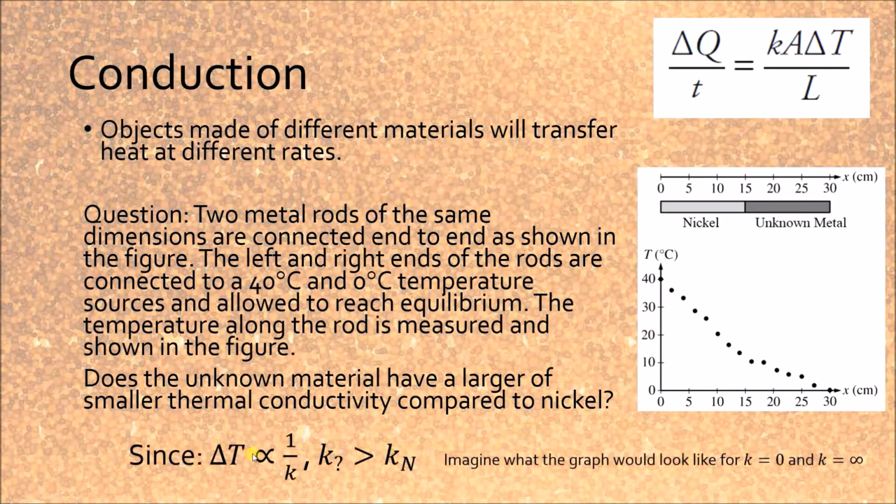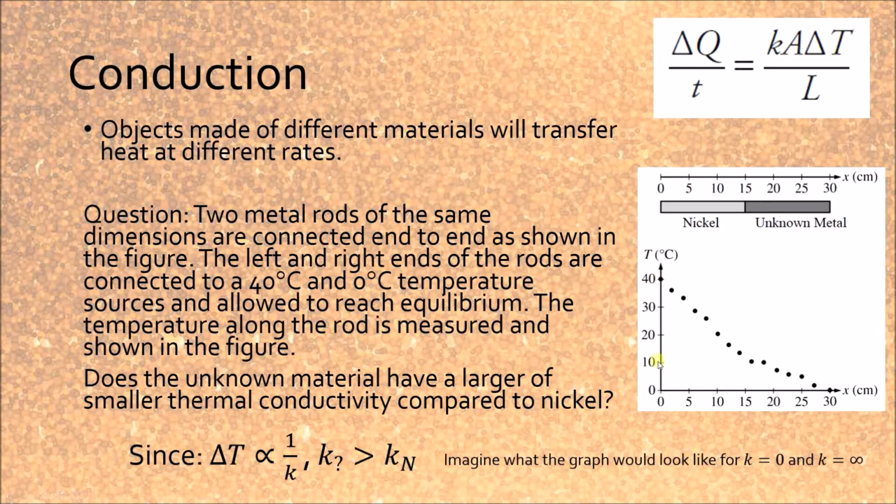Well, it's maybe a little counterintuitive, but if you think about it, the area of contact is not changing, the length is not changing. If you just look at the two things that are different, it's the thermal conductivity and the temperature difference.